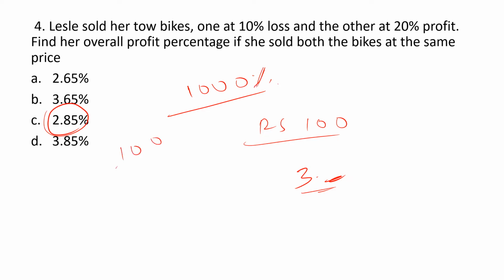For example, if you take only 100 rupees, we get a profit of 6 rupees. If I consider 1000 rupees, I'm getting 56 rupees. So you can observe 6.0 and 5.6. There is a difference, right? So this is how it is. If you want more precision, you need to consider bigger values.